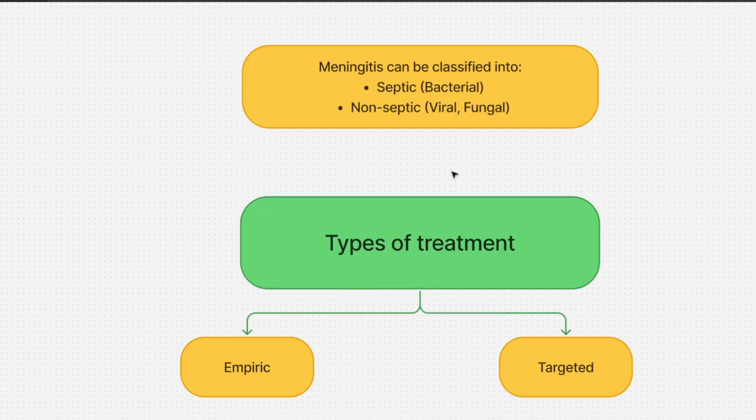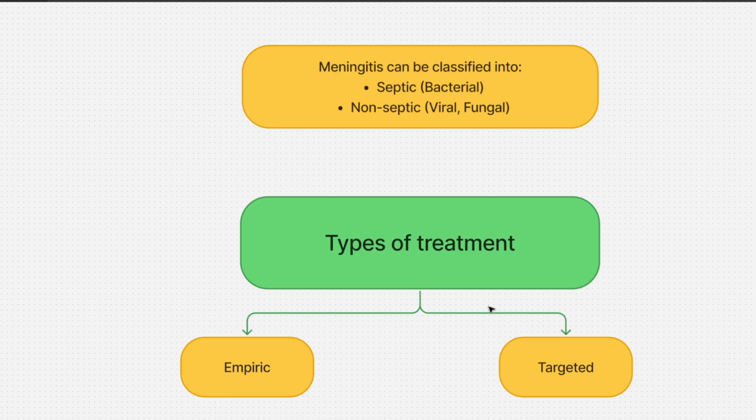Okay, so types of treatment. Now, this is the important part, where when we think about the treatment of meningitis, we can talk about the empiric treatment or the targeted treatment. Now, empiric is a treatment that we initiate based on previous experience with meningitis. We don't have specific information yet.